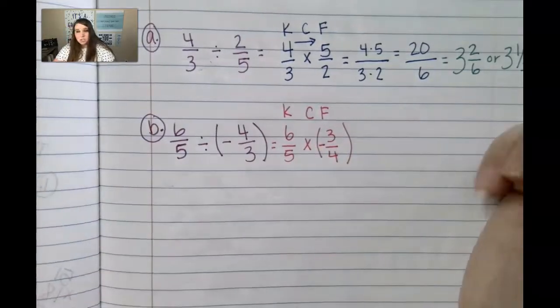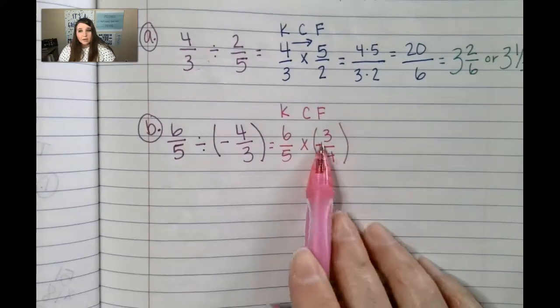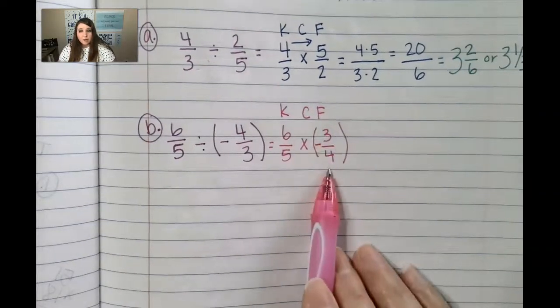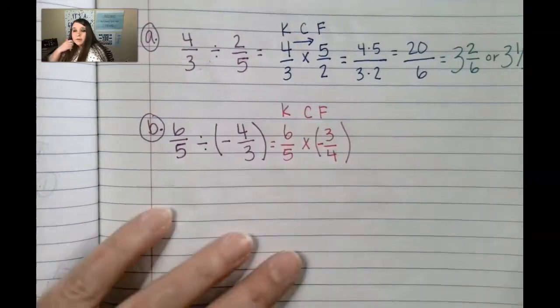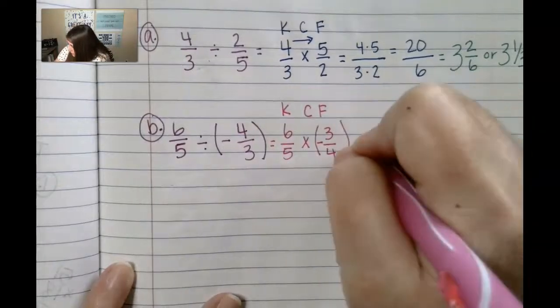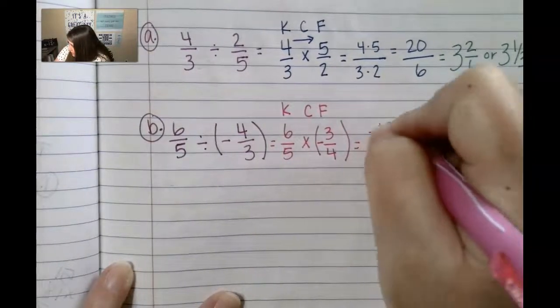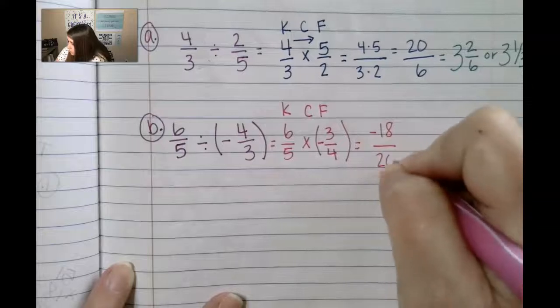Now we're ready to just multiply straight across, so we're going to keep this negative sign with either the top or the bottom. Usually we just keep it right with the top there. So we have 6 times -3, which gives us -18, and 5 times 4 is 20.